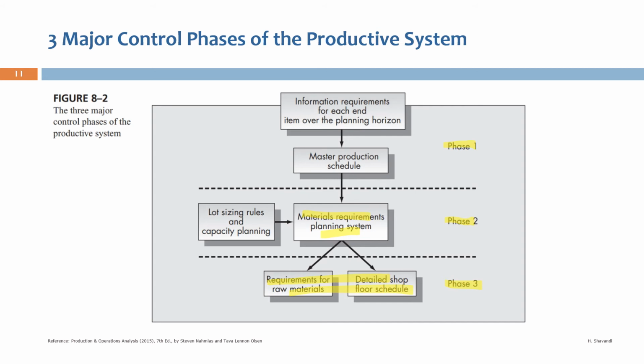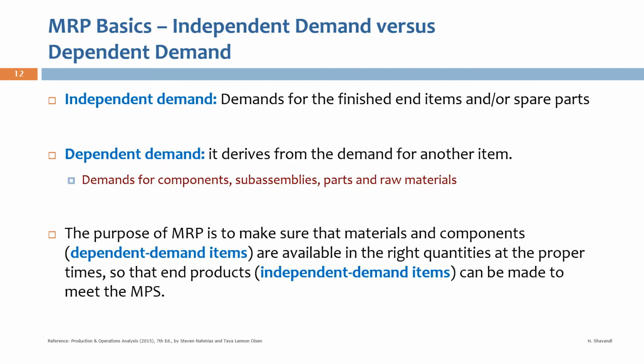Okay. In MRP, we will have 2 types of demand: independent and dependent demand. Independent demand will be the demand of end items, the ones that we will forecast. So they are considered independent demand, for the finished end items and/or for spare parts. Dependent demand will be for the material and components that will be used to produce the end item.